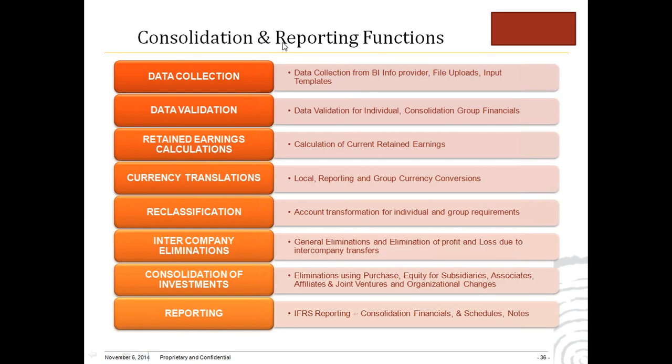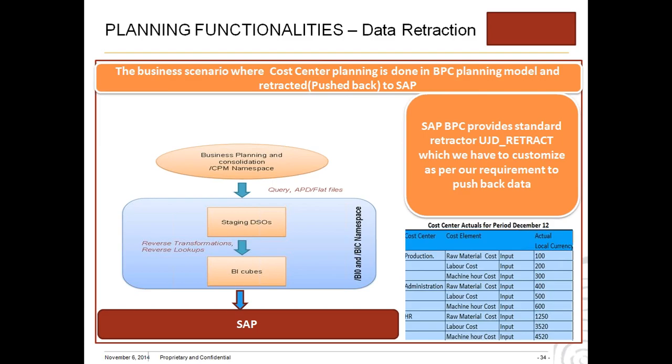Now this is the consolidation. Can you just repeat what exactly you are saying about retraction? Retraction is nothing but this: in BPC, I will plan the data at the cost center level. Now in SAP R3 also, I plan the cost center planning.